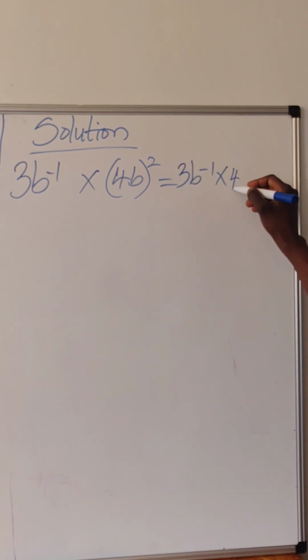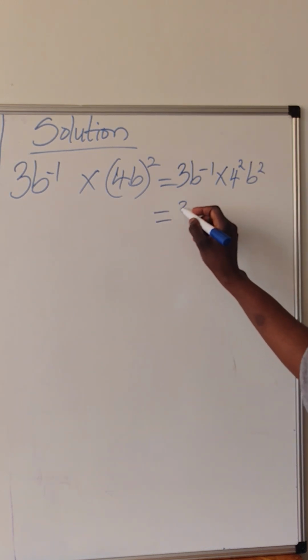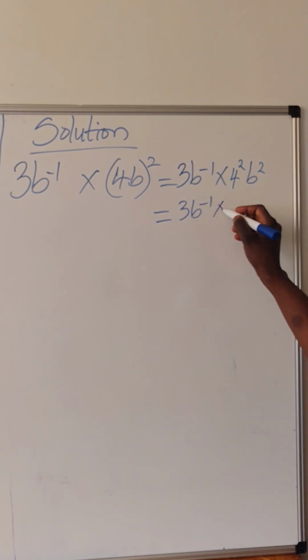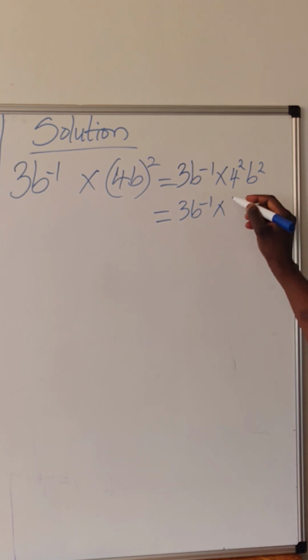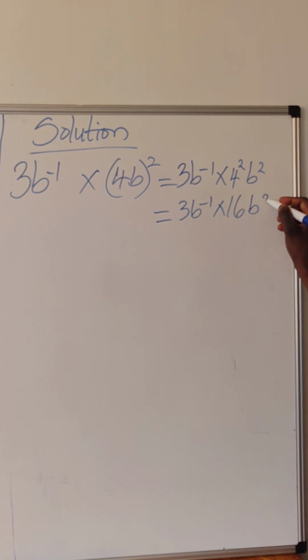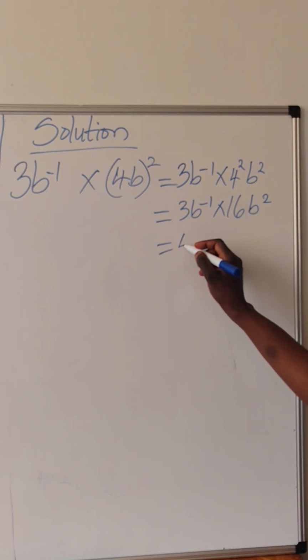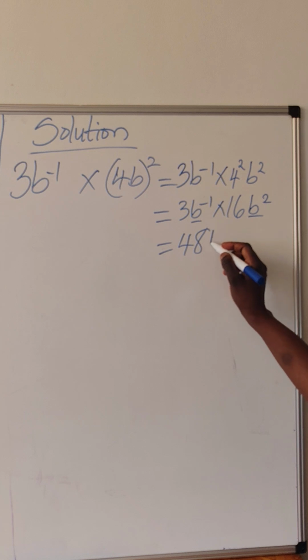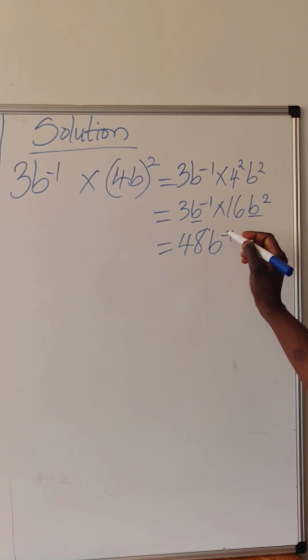So it means 4 raised to power 2 and also b raised to power 2. So we have 3b minus 1 multiplied by 4 raised to power 2 is 4 by 4, which gives 16b squared. So 3 by 16 gives 48. And the bases that are the same, we write b minus 1.